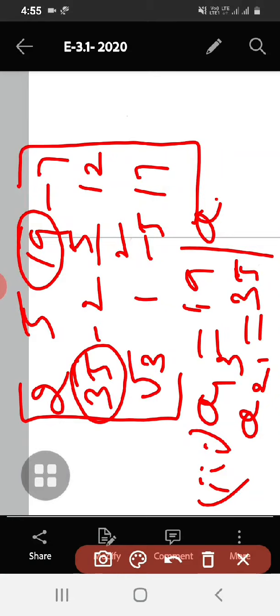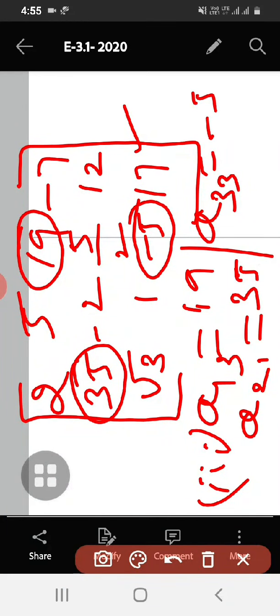Then A33, the third row third element. In the third row, the third element is minus 5. Next, A24, second row fourth column.